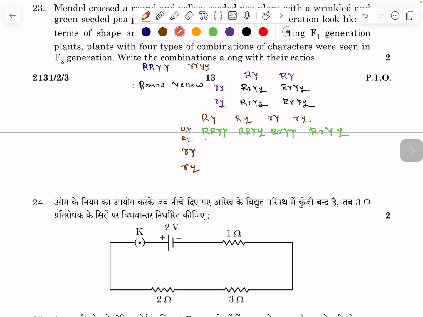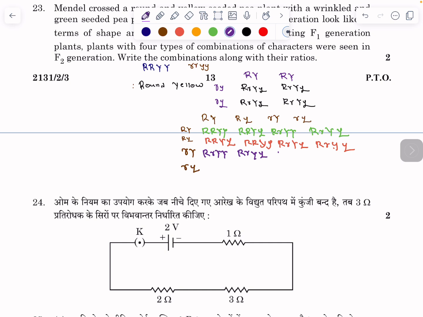Next, here also capital R capital Y small y, capital R capital R capital Y small y small y, and capital R capital Y small y, capital R small r capital Y capital Y. Here capital R small r capital Y capital Y, capital R small r capital Y small y.